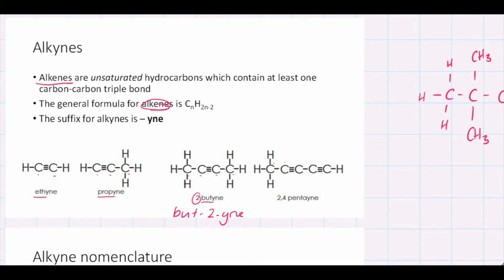And this here, 1, 2, 3, 4, 5, pent. Now, I do not believe this is correct, because there are 2 alkynes there. It should really be pent-2,4-diyne.